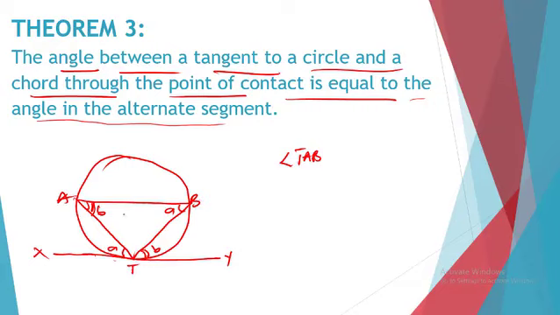And this triangle TAB is alternate to triangle BTY, which is B, T, and Y.